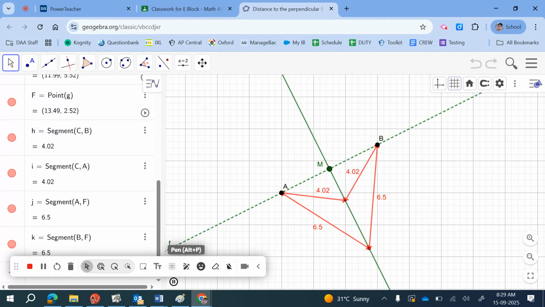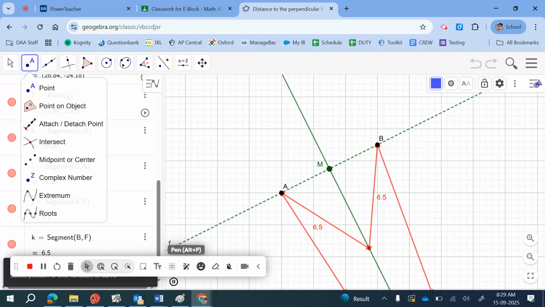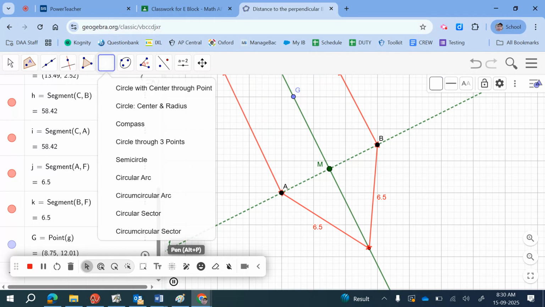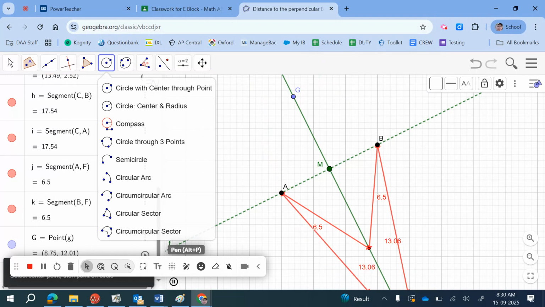And let me just show you why. So if I put a point here like that one, it's going to go through here and the lines will stop to go through that one. Why is this the case? Well, it's all about circles.